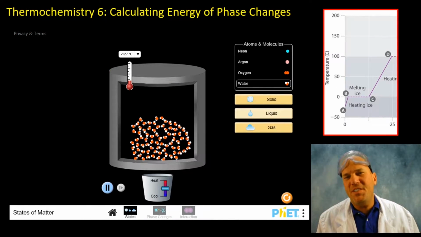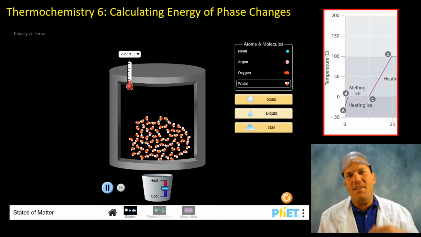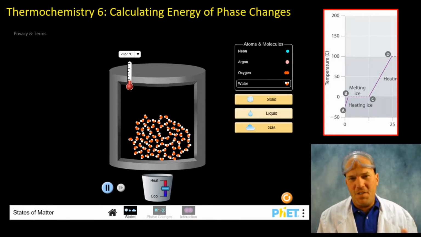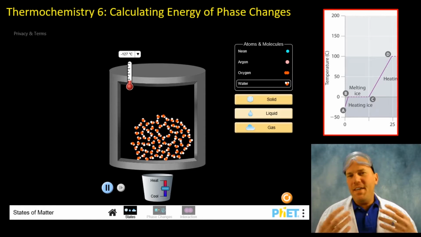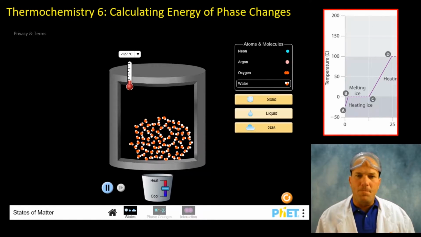In Thermochemistry 6, we're going to calculate the energy during a phase change. In the last video, we went through a heating curve for water.